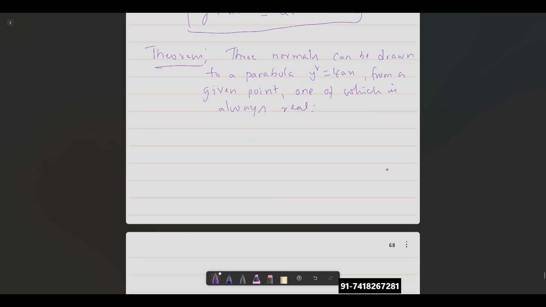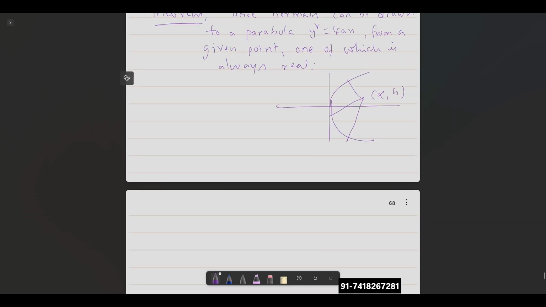You can draw the parabola, and if you have any point (alpha, beta), you can draw normals like this. These are the three normals, and out of which one will be real and the other two will be imaginary normals. That is what this theorem is telling.